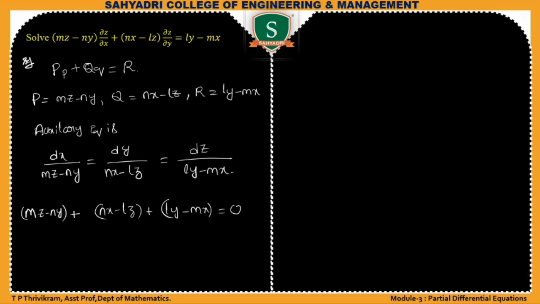That means we have to select some k1, k2, k3 values in such a way that this whole thing becomes 0. Is there any possibility that this sum will be 0? Check with any letters. If you substitute k1, k2, k3, this sum should be 0.